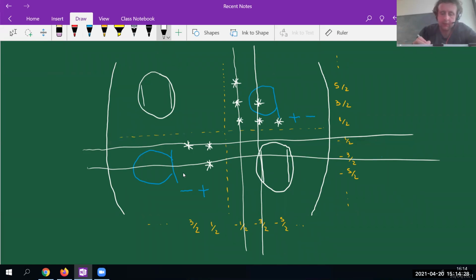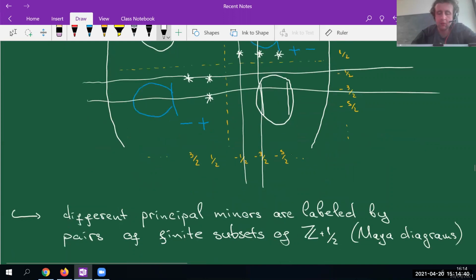And then I have to restrict my matrix to the intersection of these lines, and then compute the corresponding determinant. Now you see that these different principal minors will therefore be labeled by finite subsets of half integer lattice.